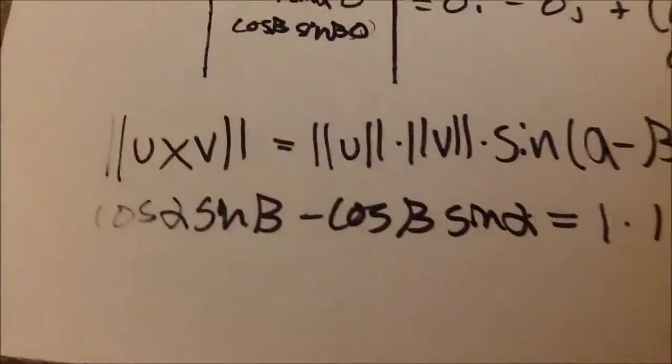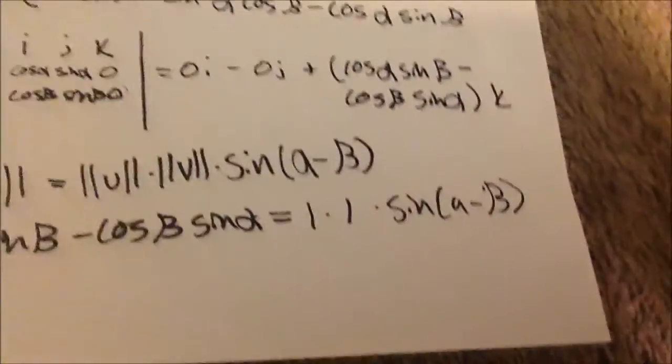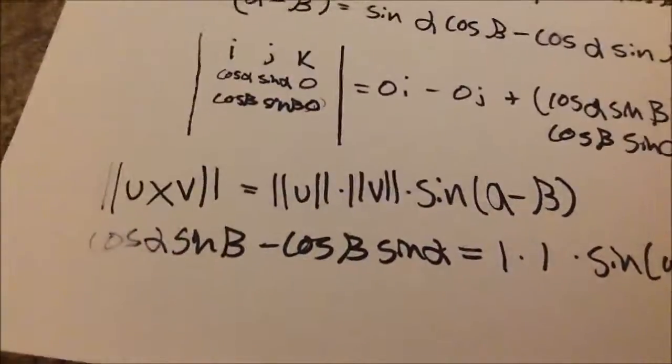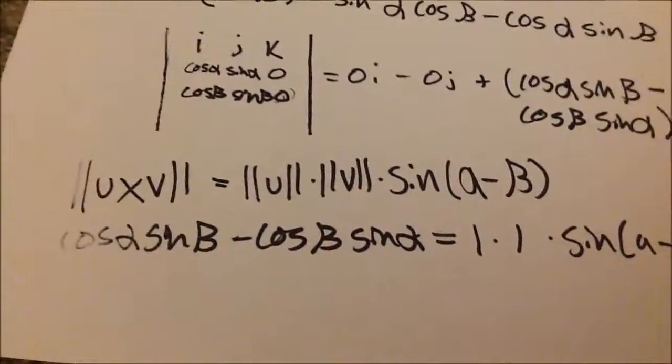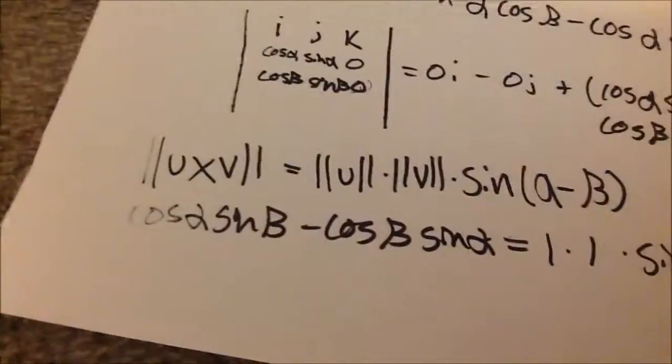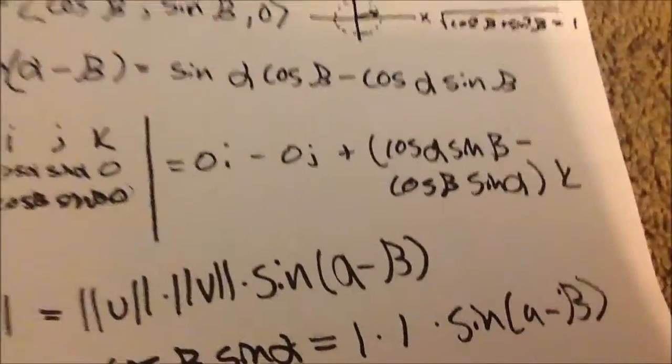Minus cosine of A sine B. Well, we have that. So the only difference here is that this is that times -1.